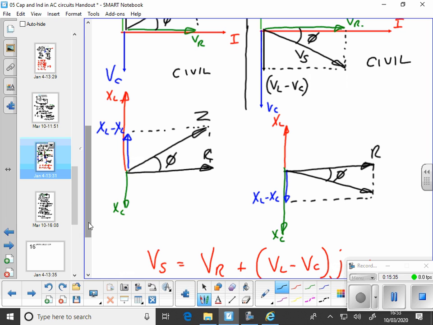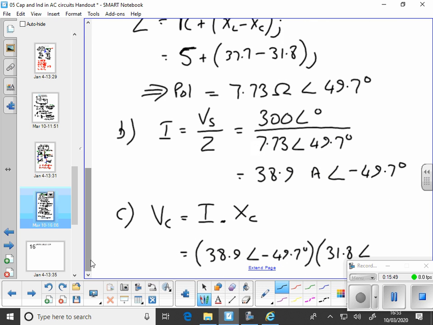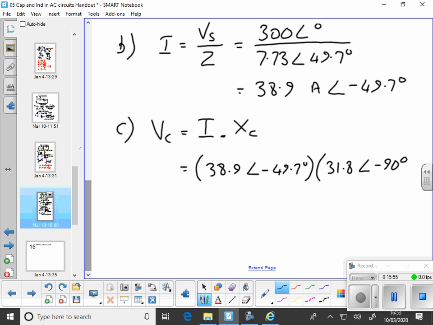XL is positive 90, XC is negative 90. You didn't say negative. Right? Yeah. So it's angle minus 90 degrees in there.